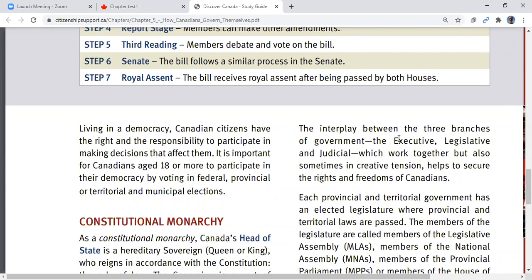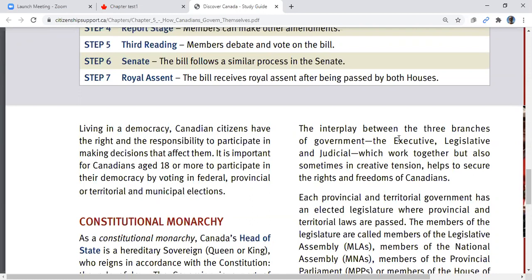So there's three types of branches. So three parts of government. One is the executive, and the executive is the prime minister and all the cabinet ministers. So they're like the bosses, or they're like the managers.